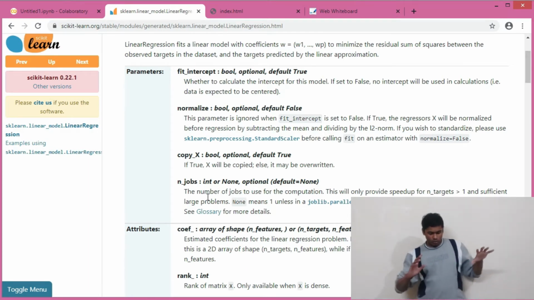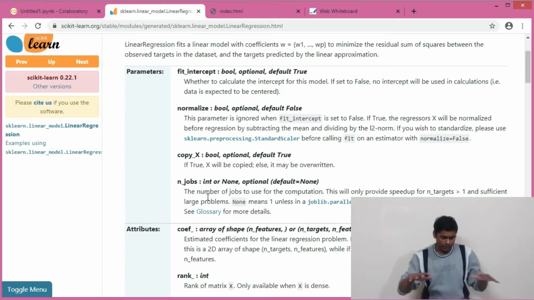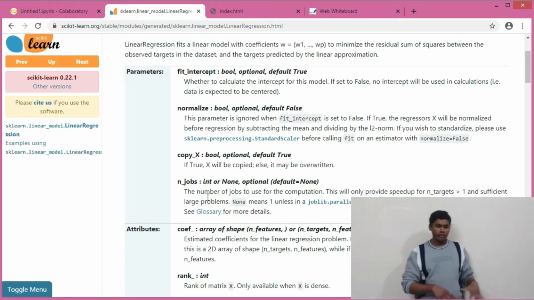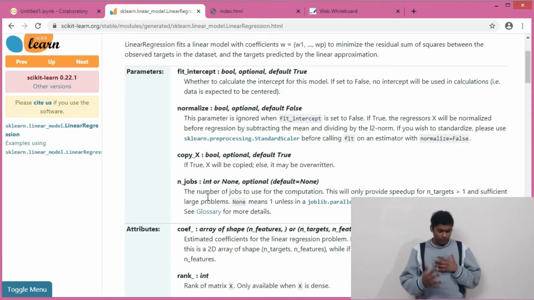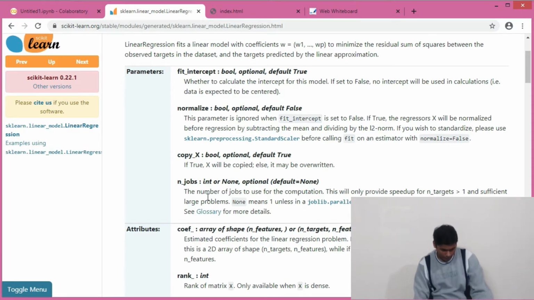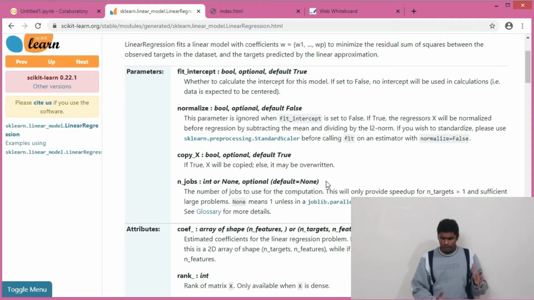Let's say you are on an i5 processor, and you have some sort of graphics card. If you don't have one, don't worry, right now it's not required. What n jobs means is that you have a processor, and that processor can carry out some number of tasks simultaneously.